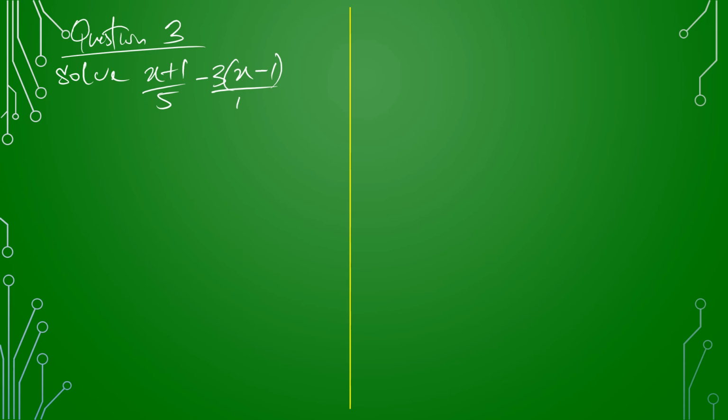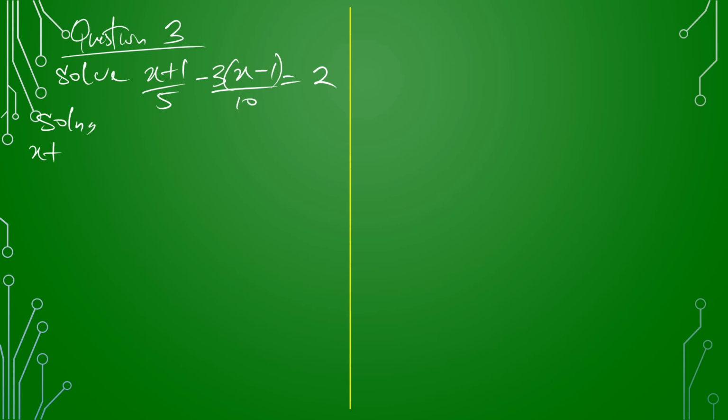Now let's take the final question on this topic. Question 3. You have been asked to solve x plus 1 over 5 minus 3 into x minus 1 over 10 as equal to 2. Solution.